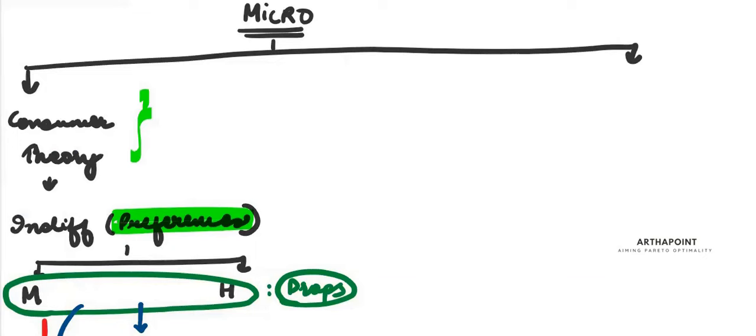Then after consumer theory, we will move to the next chunk, which will be known as producer theory.